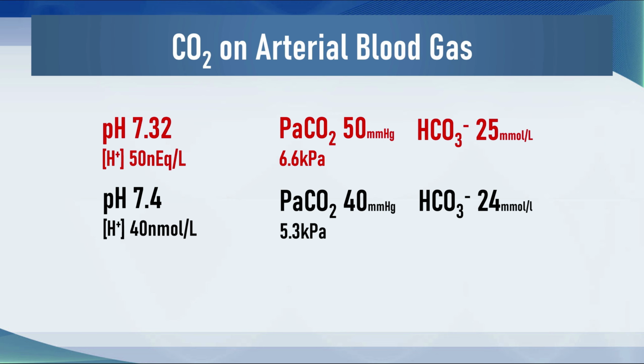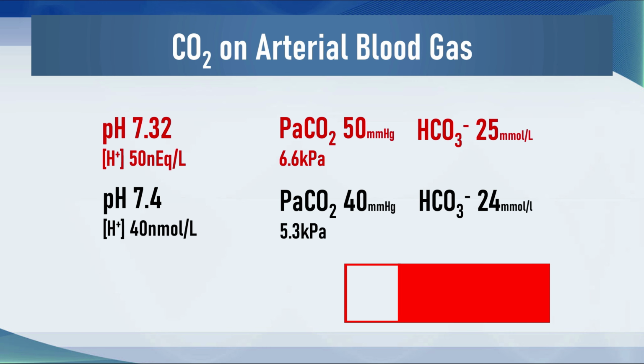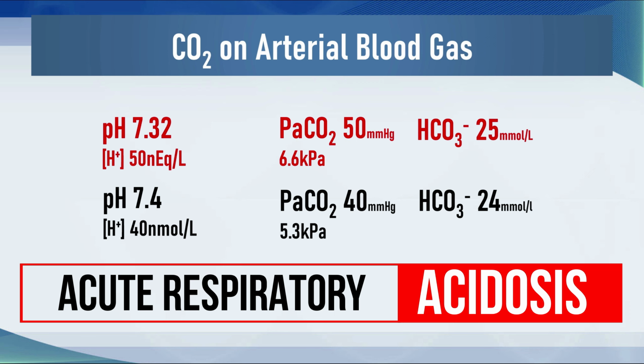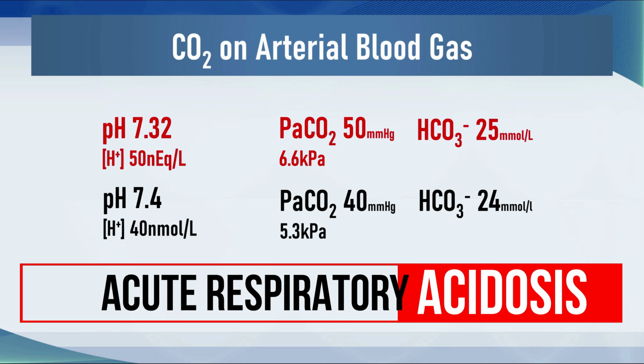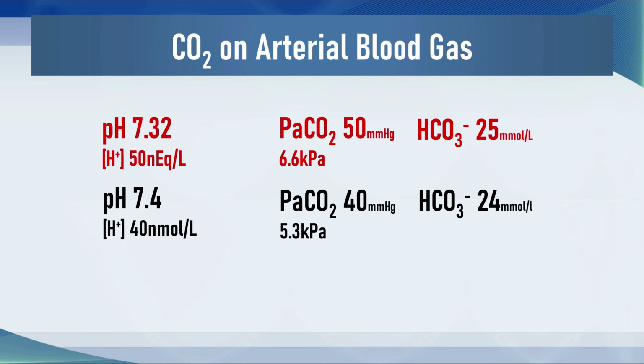As CO2 is an acid, the hydrogen ion activity increases from 40 nanoequivalents per litre to 50, and the pH falls from 7.4 to 7.32. As there is an increase in the total CO2 content of the blood, there is a modest rise in the bicarbonate from 24 to 25 millimoles per litre. This process is known as acute respiratory acidosis. The pH is below 7.4, there is a rise in the CO2, and there is a rise in the bicarbonate.